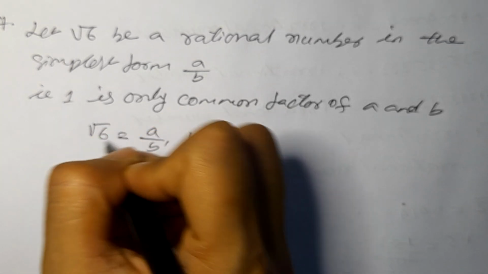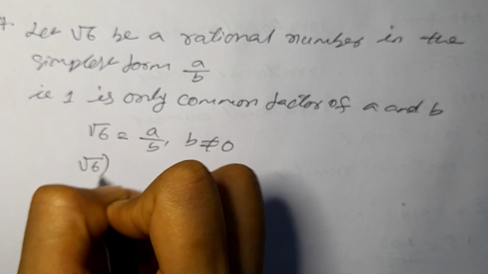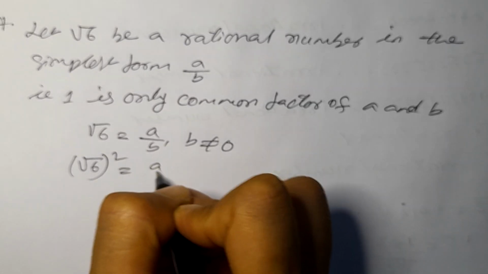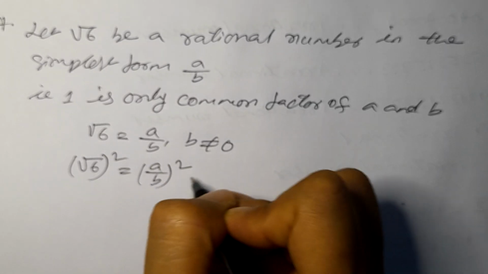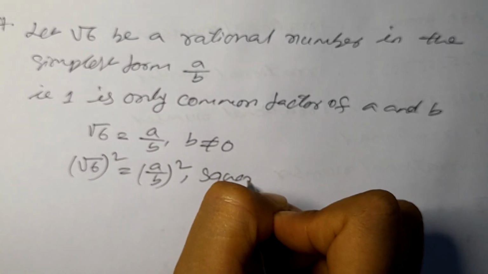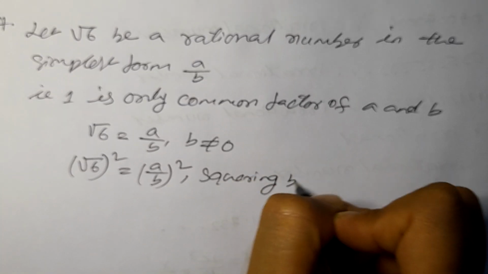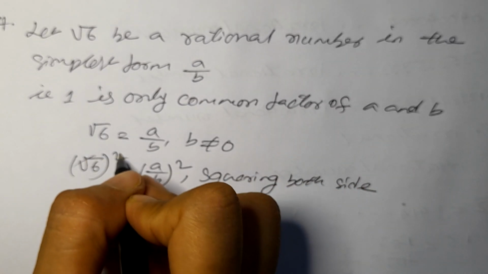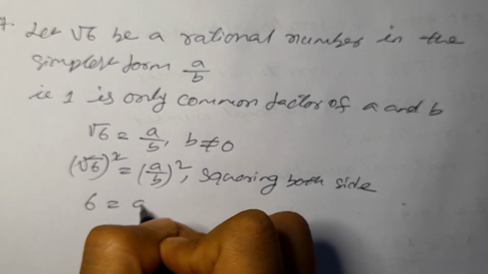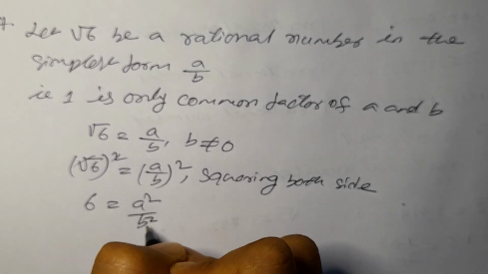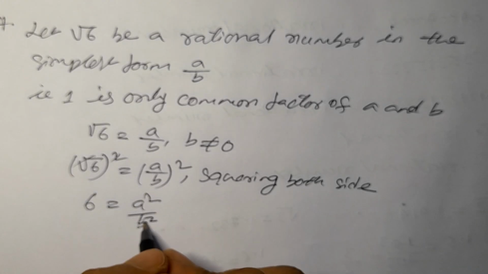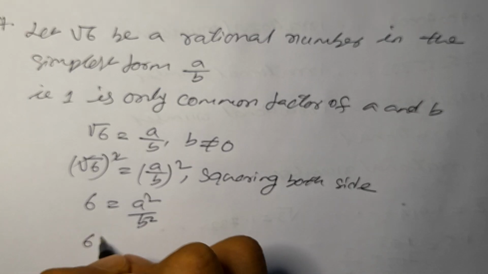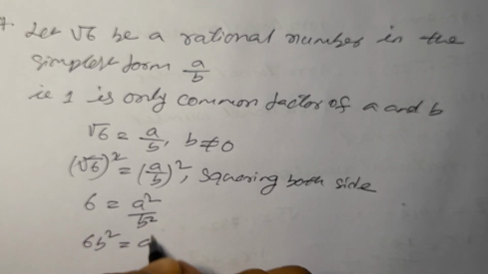Now to remove the square root, we square both sides, so the square root and the square will eliminate. 6 is equal to a square by b square. Now bring the b square to this side; since it is divide, it will be multiply. 6 b square equals a square.